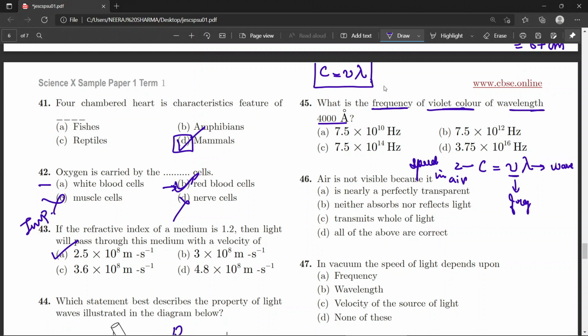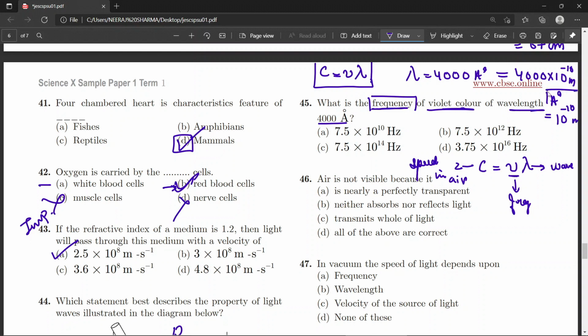Please learn this formula. All right, now let us just solve it. You have to calculate the frequency and the wavelength is given to you. The wavelength is given as 4000 Armstrong. So 4000 Armstrong is also equal to 4000 into 10 raised to the power of minus 10 meter, because 1 Armstrong is always equal to 10 raised to the power minus 10 meter.